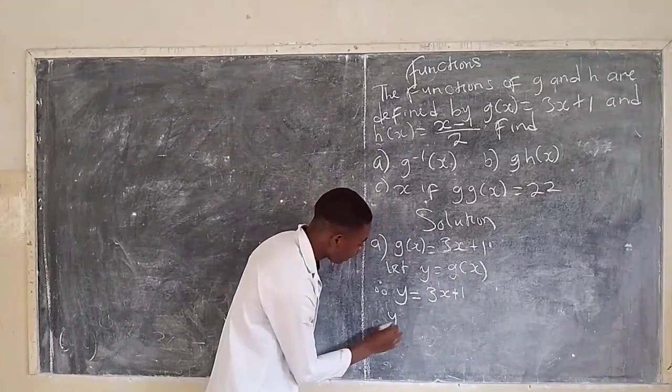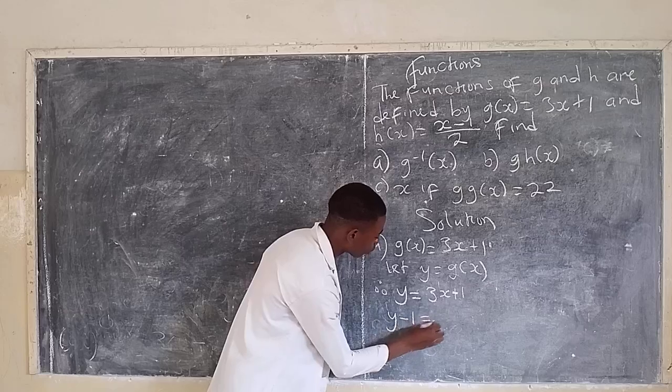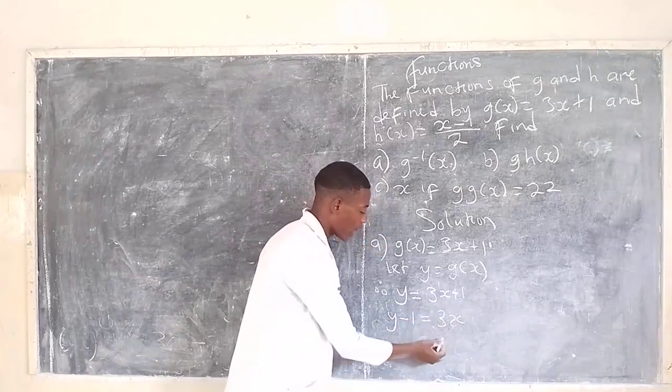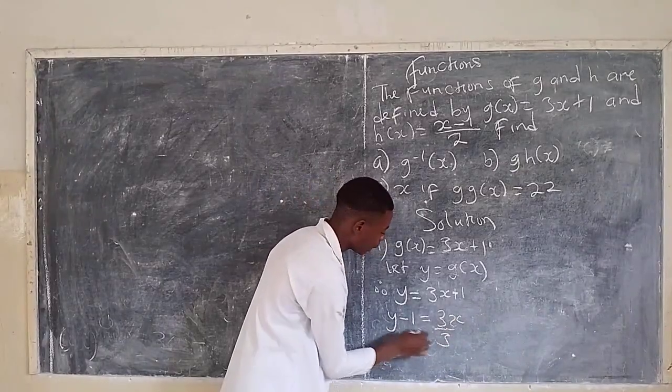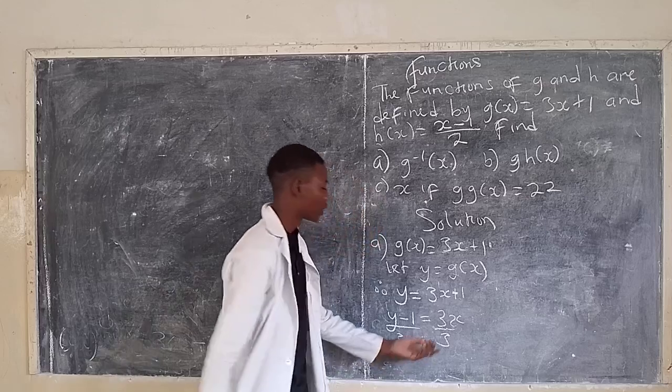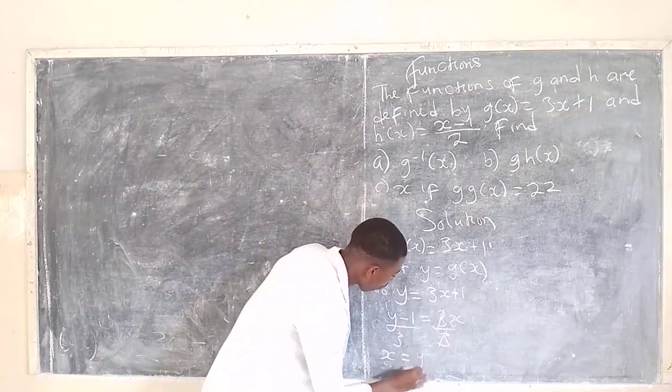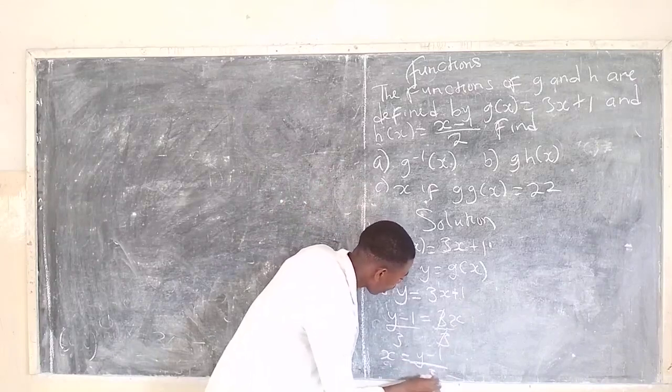So we have y minus 1 equals 3x. Then from there we divide by 3 throughout so that x remains alone. So we have x equal to y minus 1 over 3.